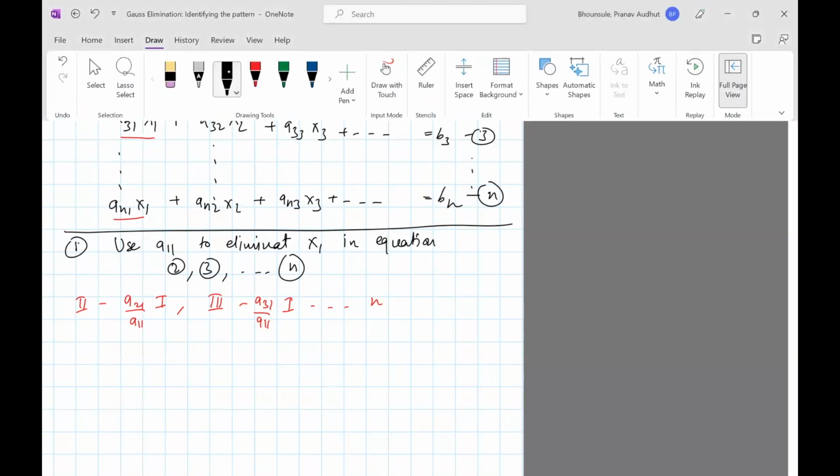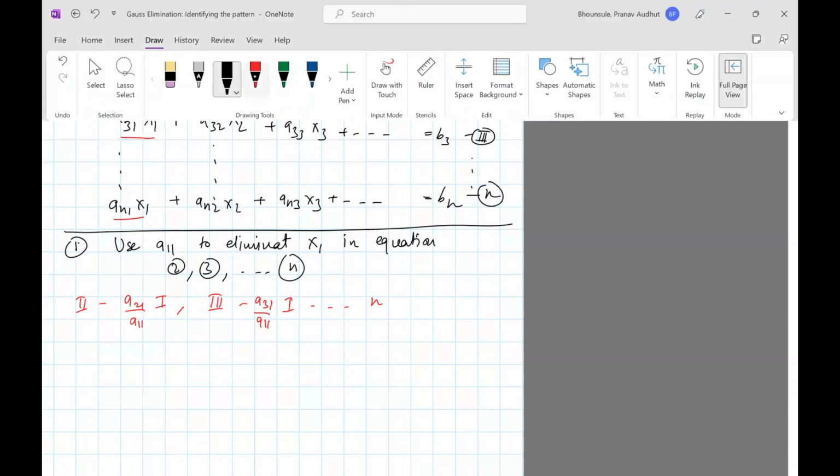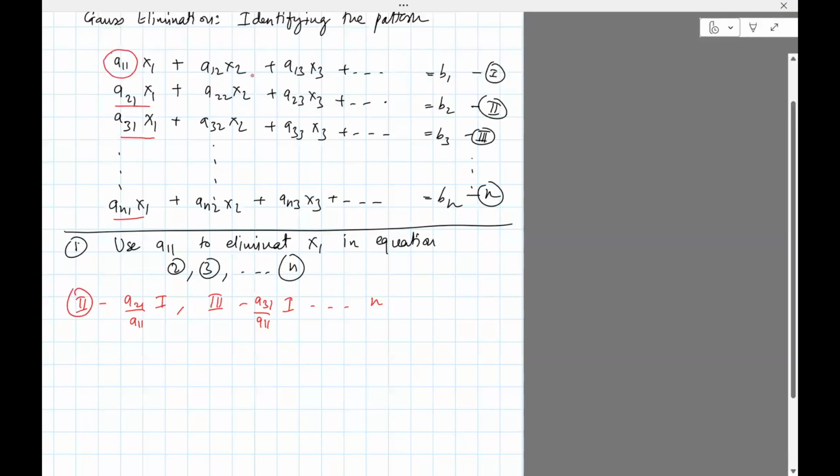Just let me be consistent. I'm sorry about this. I should maybe write this as equation 1. I was not writing 1 and 2 because I think I wrote down the previous page, but I think this will make it super clear when we try to generalize this. This is just bn.